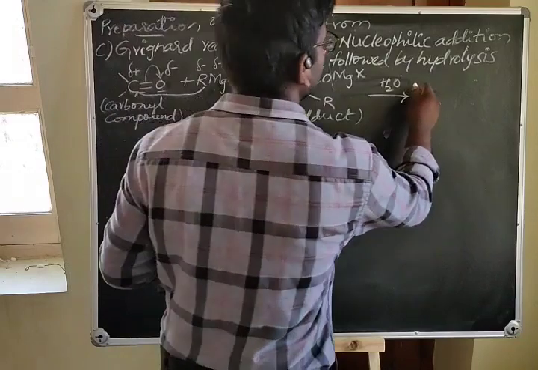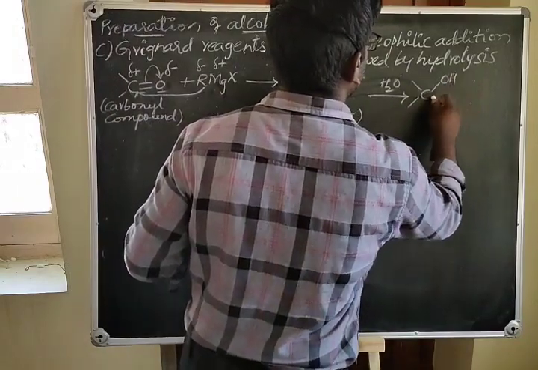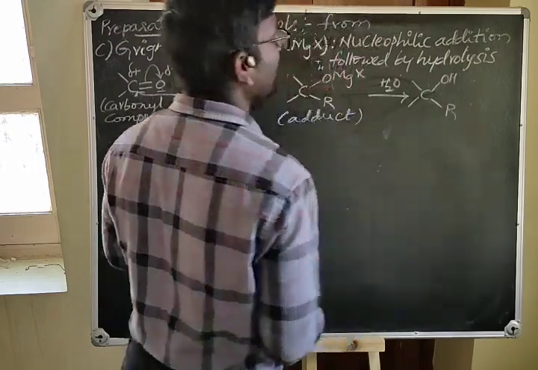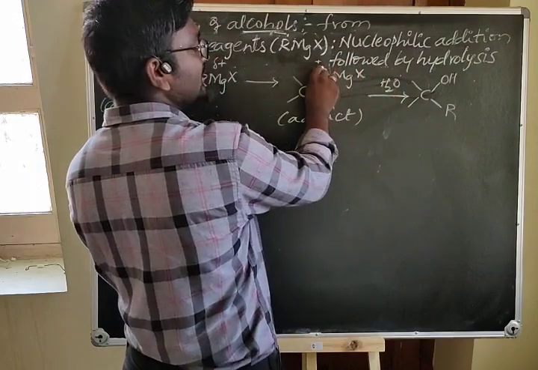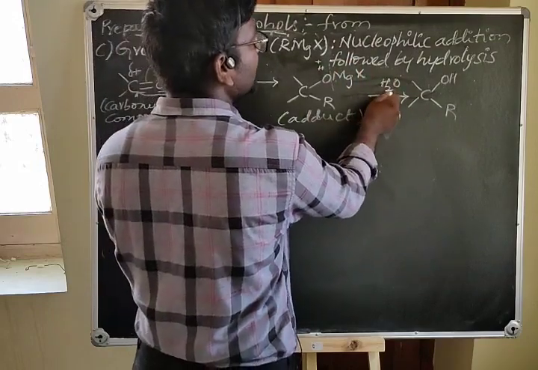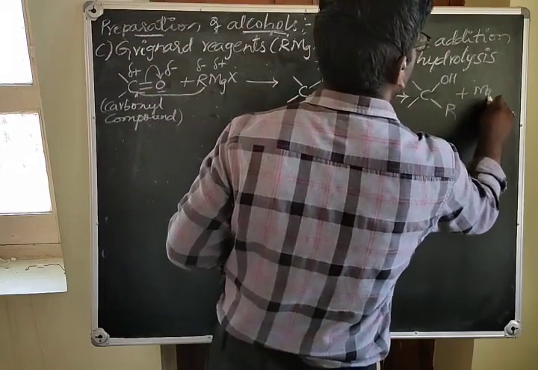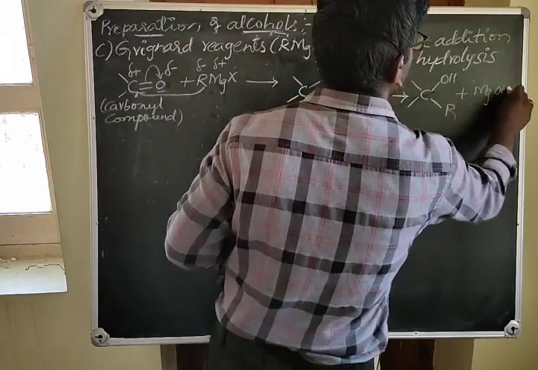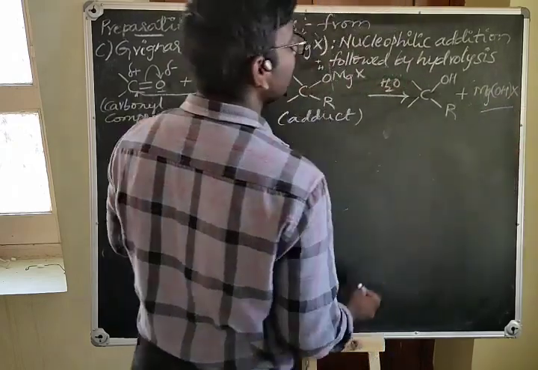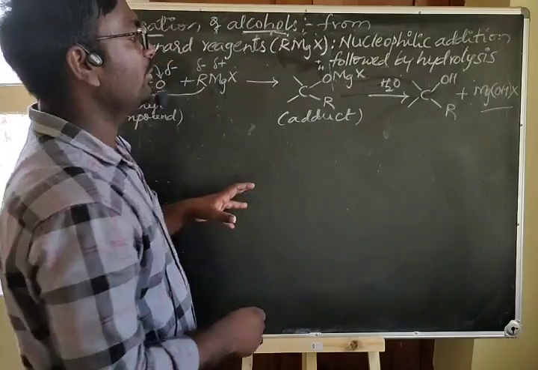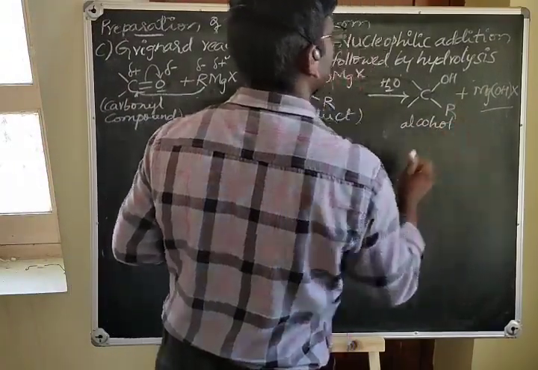Let's see the product after that hydrolysis. Here you will get OH, and here it is already R. The remaining OH minus will be linked to the magnesium, so you will have Mg, OH and X. This is the byproduct. This is our compound, that is alcohol. This is the general representation.